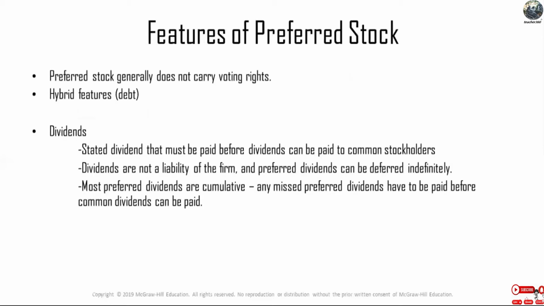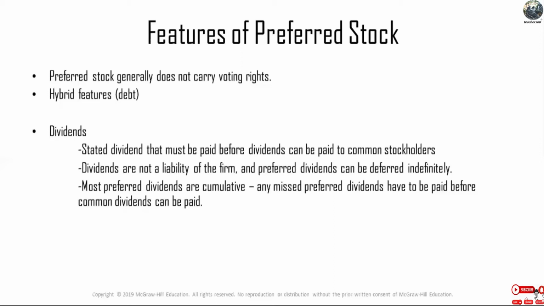Features of preferred stock. Like common stock, preferred stock generally does not have voting rights. The preferred stockholder cannot vote for selecting the board of directors or for decision-making purposes of the corporation. On the other hand, preferred stocks can be called hybrid investments.